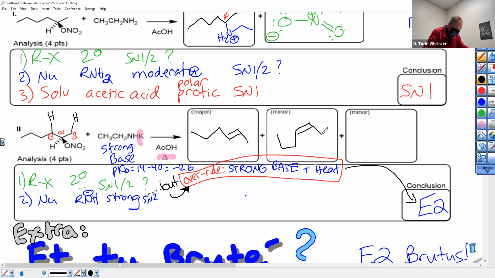Here, this methyl group is right in front of it, and we have a word for that. If you're looking head on, you wouldn't even see the methyl group, because this group would be blocking it. Eclipsed. Cis alkenes are permanently eclipsed, aren't they? You can't rotate away from it. And the minor would be to take the H from the far side, the terminal side.